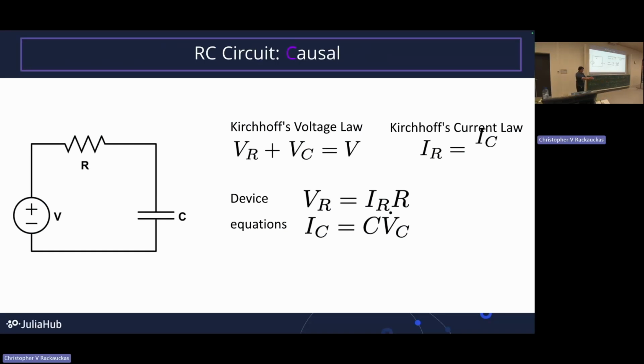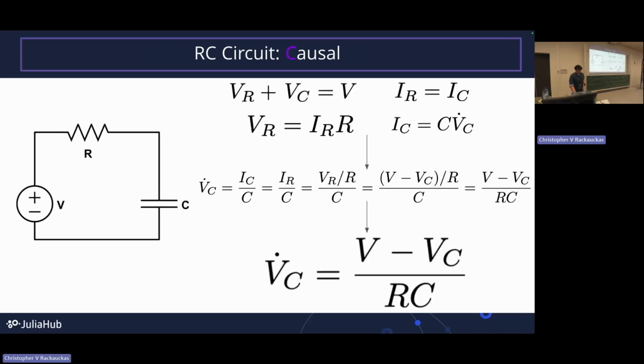At the end of the day, you want to take those equations and build an ODE system out of them. So how do you actually do causal modeling? What you do in causal modeling is you go and derive what those equations are yourself. Say, here are my 4 equations. The current of the capacitor is equal to the capacitance times the derivative of the voltage of the capacitor, so my differential equation is VC dot equals this, but IC equals IR.